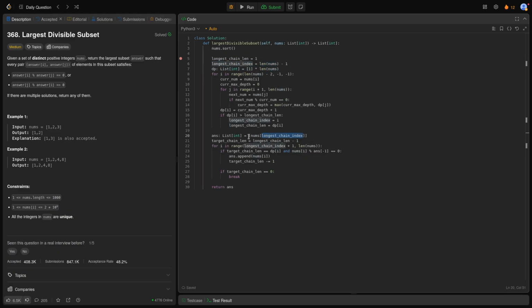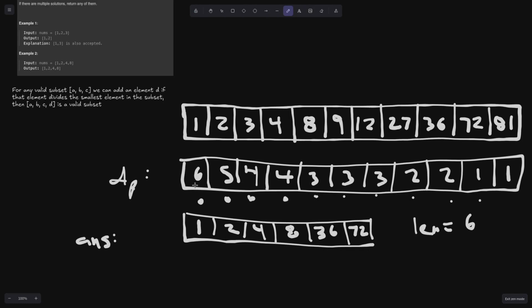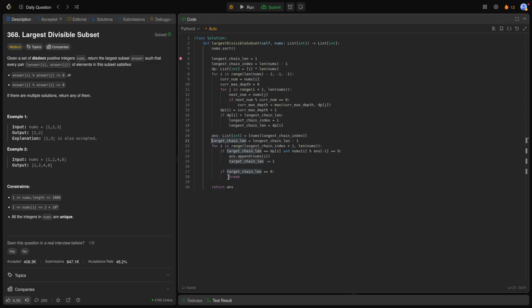So I can just immediately instantiate this with the starting point, if that makes sense. So the ans is initialized with that, and then the target chain length is just the next element. So in this case, we want 6, and then we want 5, we want 4. So that's tracking what we want to find.